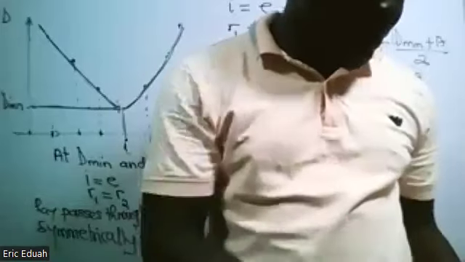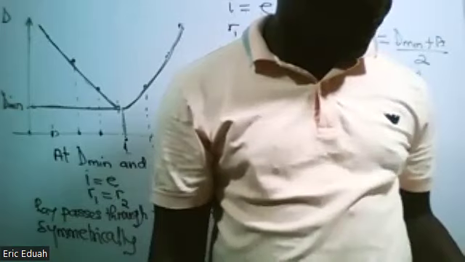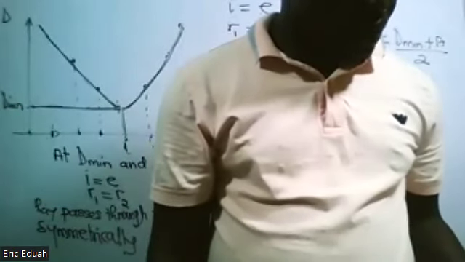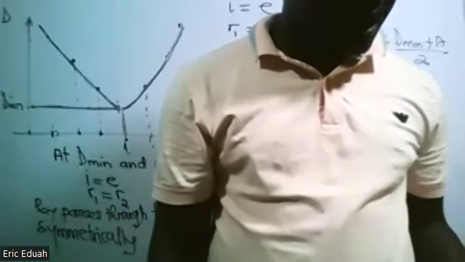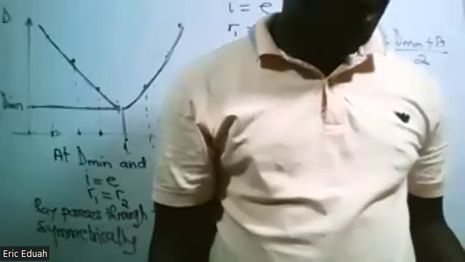The first question says that if in a prism, A is equal to 60 and the refractive index is 1.52, calculate the minimum deviation of a ray of light that passes through it.